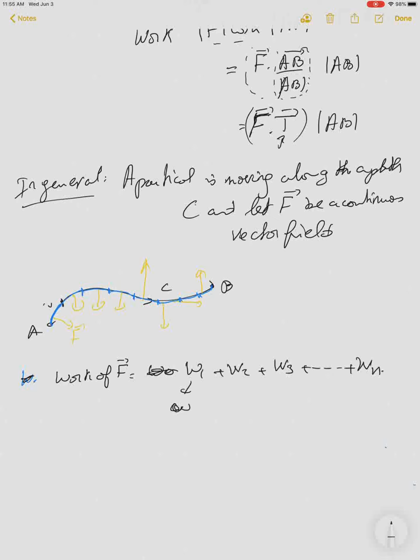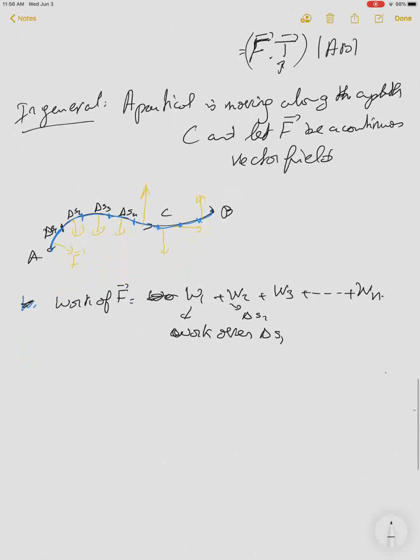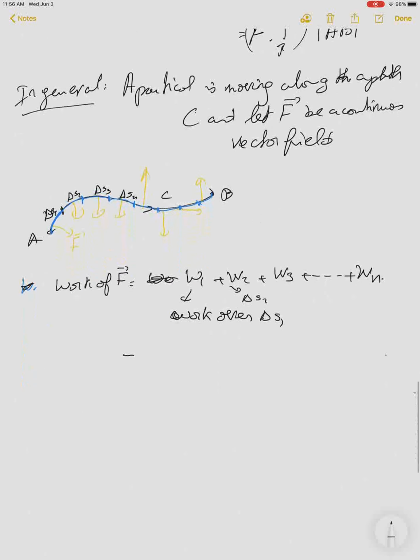Where this is the work over delta S1. This is delta S1. This is the work over delta S2. This is the work over delta S3. This is delta S4. These are the pieces.